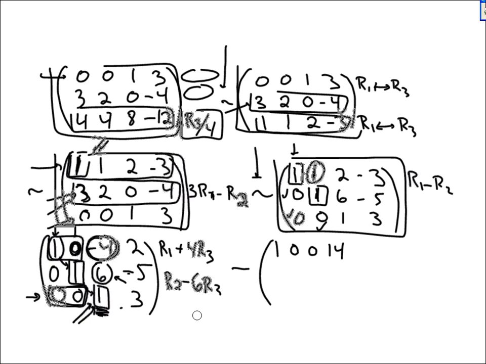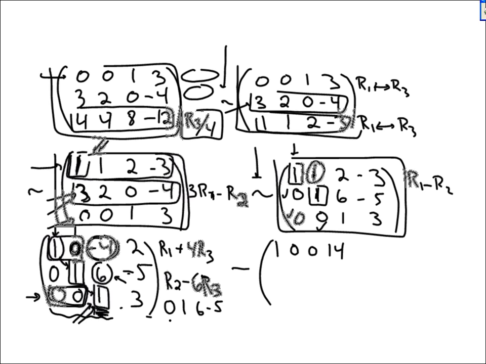You can be quite brilliant in linear algebra. You can be an algebraist, but not be able to reduce a matrix. The concept is what matters. Row 2 becomes row 2 minus 6 times row 3. Row 3 is 0, 0, 1, 3.